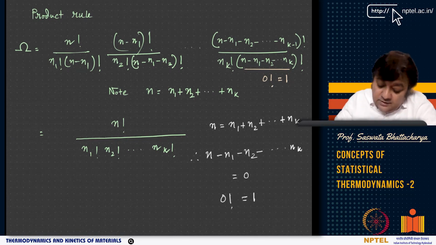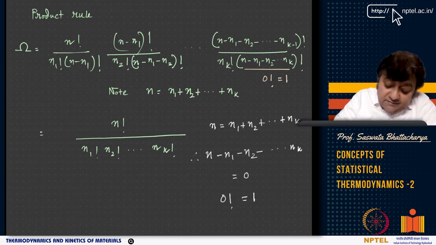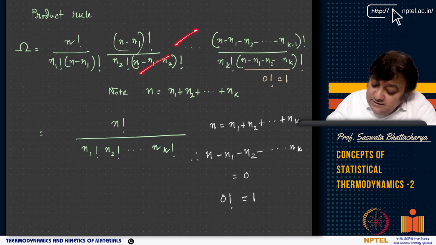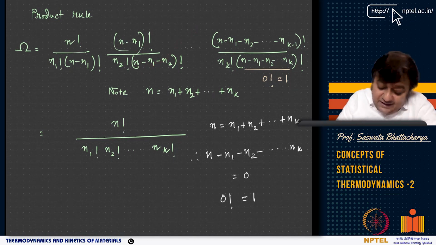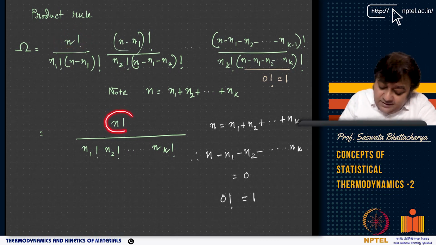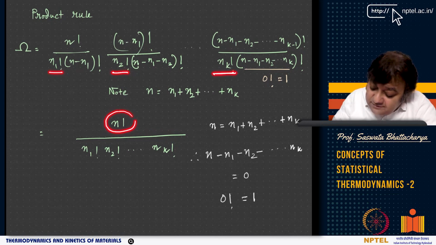So now you see (n minus n1) factorial cancels, the denominator and numerator. Similarly here and here, so all of these will cancel. You have n factorial remaining, and n1 factorial, n2 factorial, nk factorial remain.